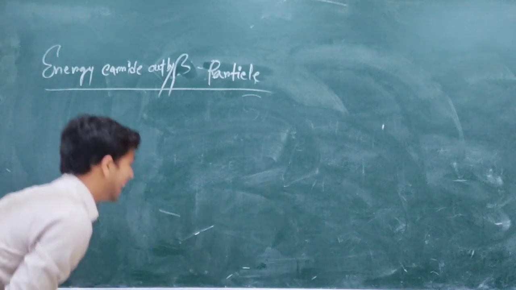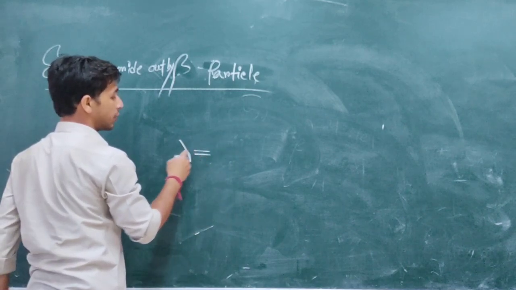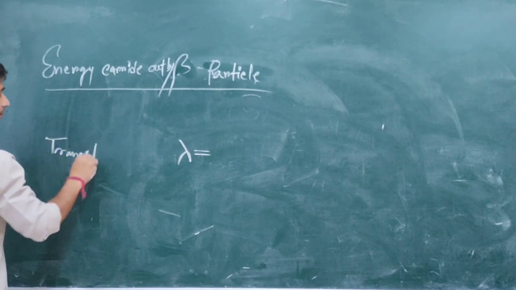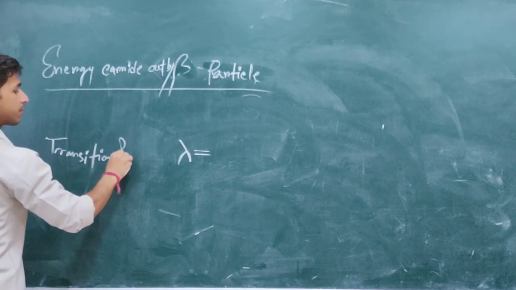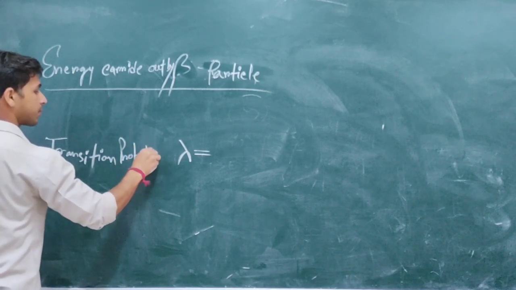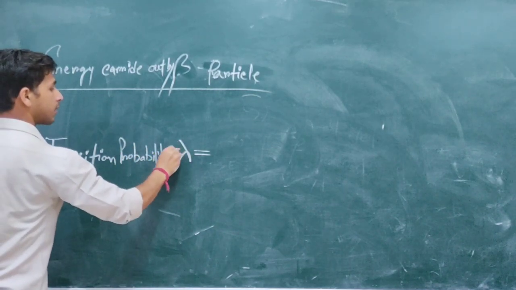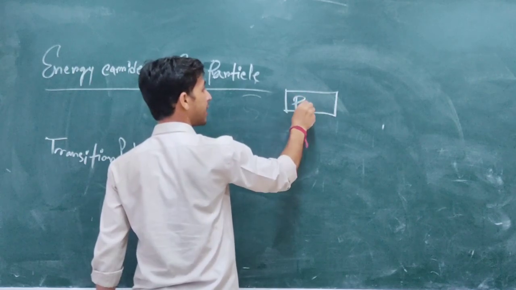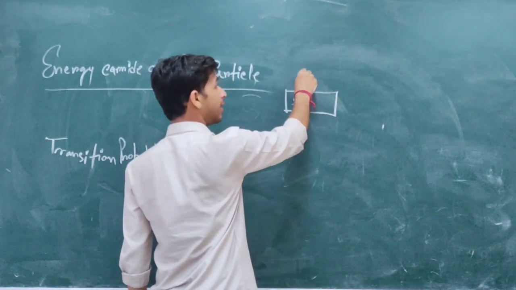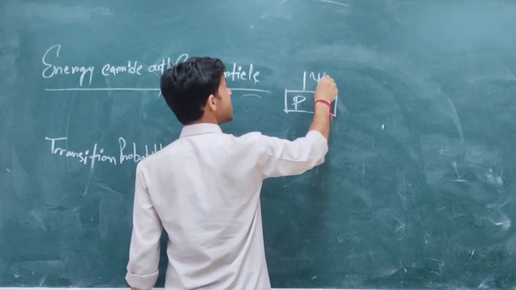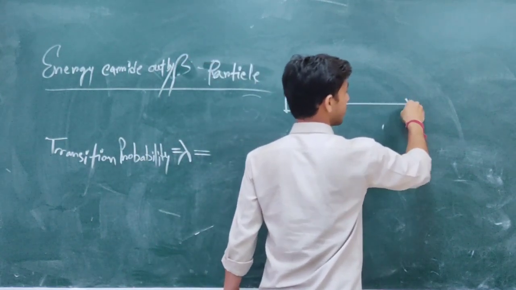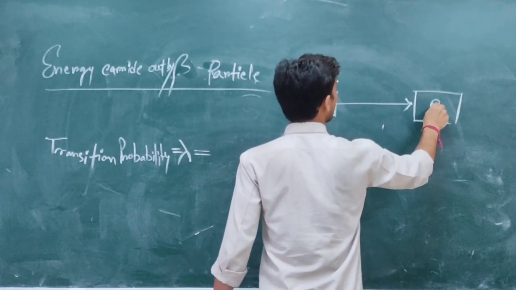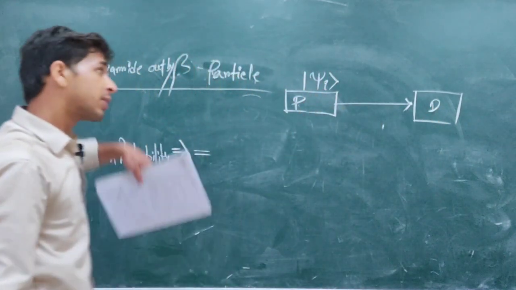This is the transition probability. If the nucleus initially is the parent nucleus with the initial wave function psi I, finally it produces the daughter nucleus and the beta particle.